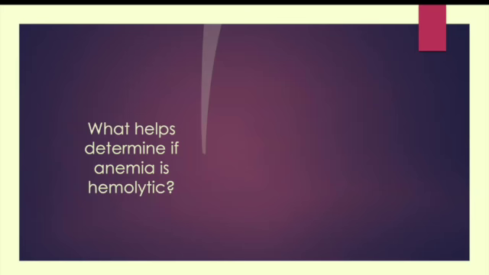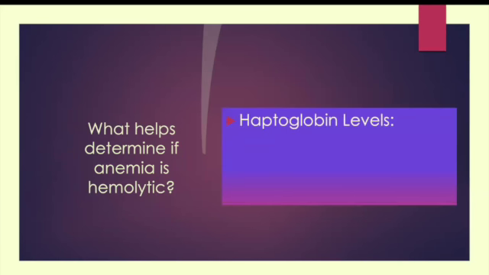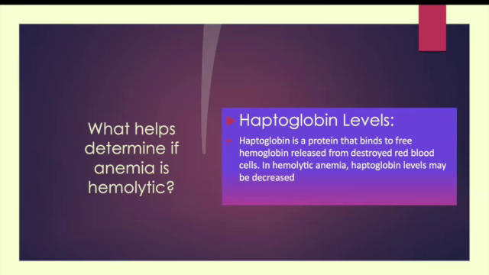So let's see what the choices are. Haptoglobin levels. Haptoglobin is a protein that binds to free hemoglobin released from destroyed red blood cells. In hemolytic anemia, haptoglobin levels may be decreased. So there we go.